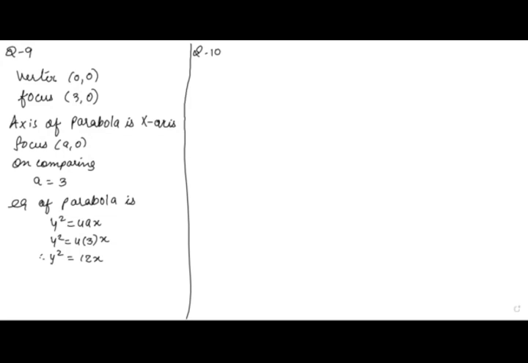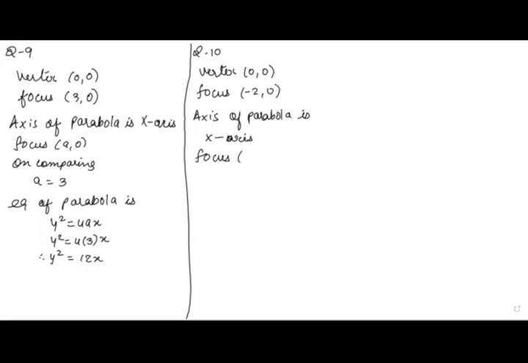Question 10. Vertex and focus are given. Again the same pattern. Vertex is 0 comma 0, but this time the focus is on the x-axis only. So same type of sum. The axis of the parabola in this case is the x-axis only. I know that focus is at a comma 0.